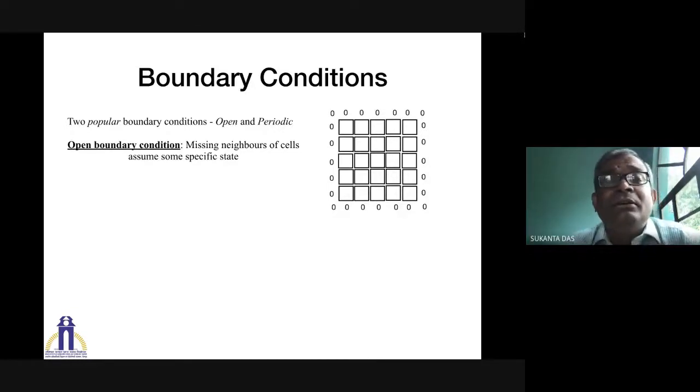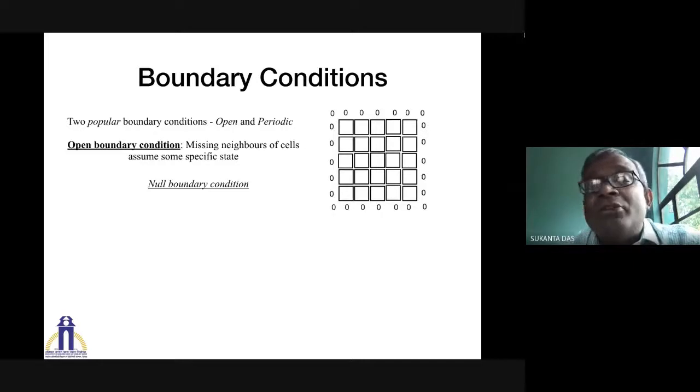Okay. So, as I've said, instead of state 0, it can have any other state. In the literature, when we talk about open boundary condition, we find that most of the works consider 0 as the state of the missing neighbors, and this kind of boundary has a special name, called null boundary condition.